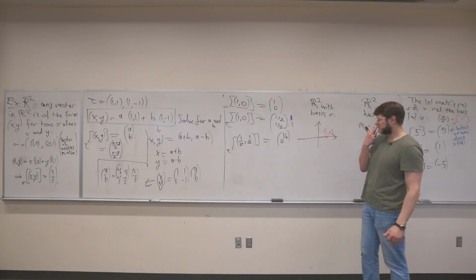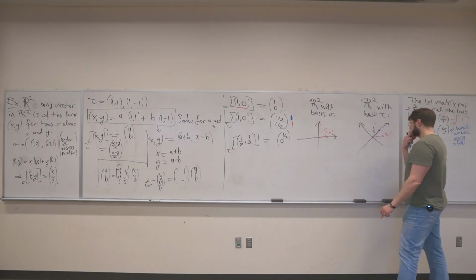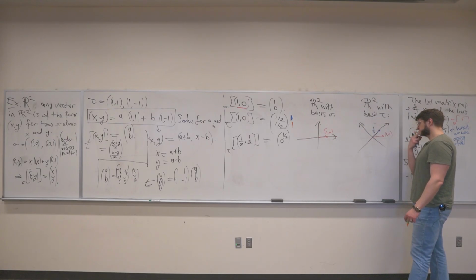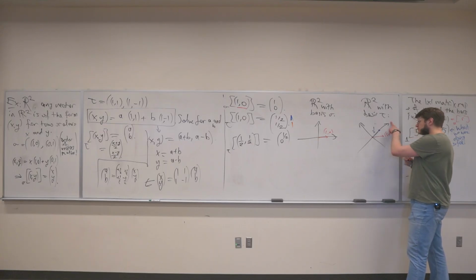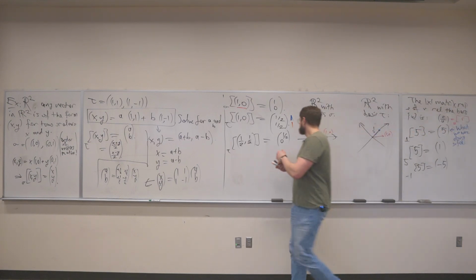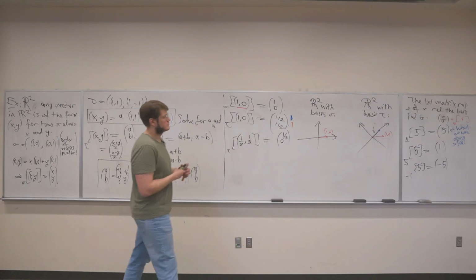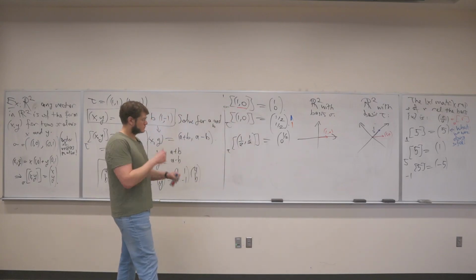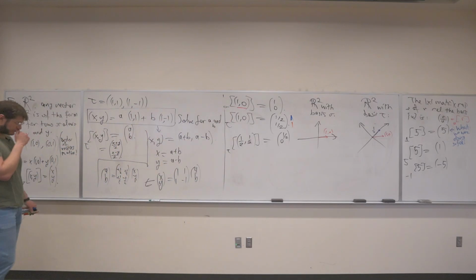I feel like I'm making a mistake somewhere. This is 1, 1. This is 1, minus 1. Maybe I made a mistake in the calculations.